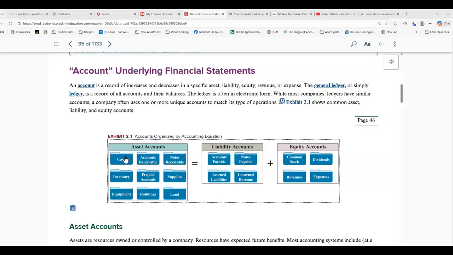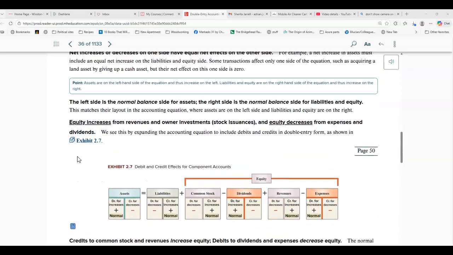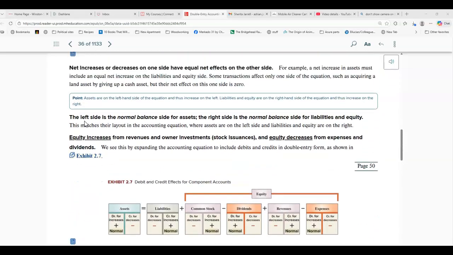If we paid an expense the same way, expenses are increased on the debit or left side and decreased on the credit or right side. Okay, so here we go. One more thing. Whichever side of the account is the increased side, that is the normal balance of that account. So assets are increased by debits, and they have a normal debit balance.